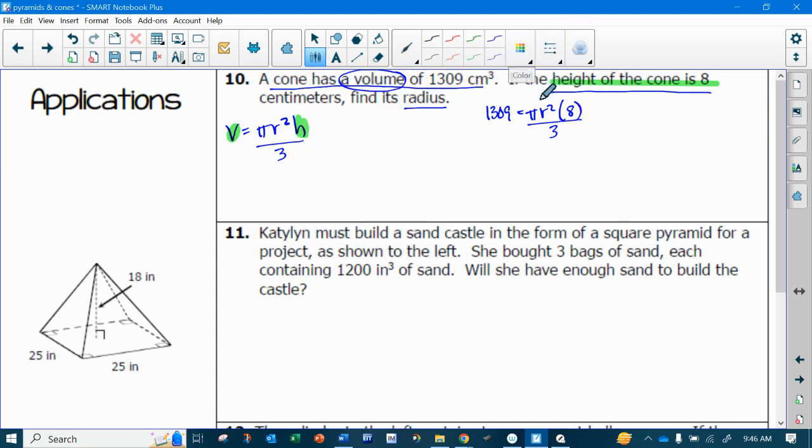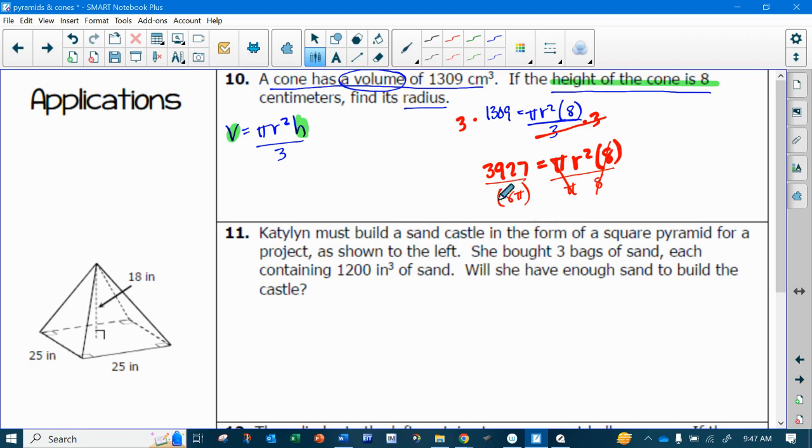Now to work backwards here, what's the opposite of dividing by 3? I'm going to multiply by 3, so it's going to cancel out. 1309 times 3 is 3927. And that is equal to pi r squared times 8. Here is where I'm going to have to divide, because all of this is being multiplied. I'm going to divide by the pi and by the 8, so I'm dividing by 8 pi.